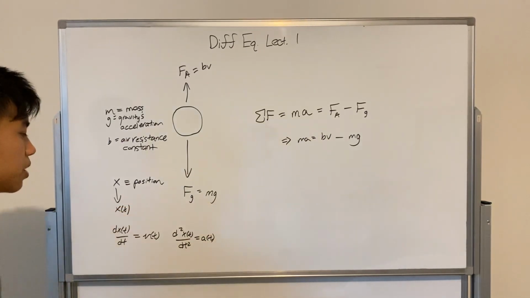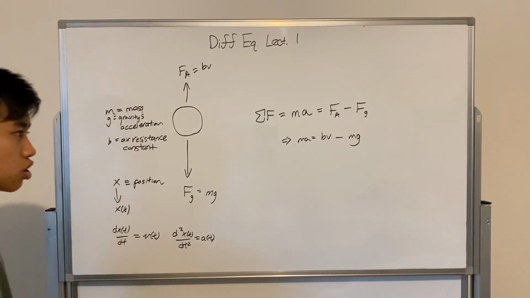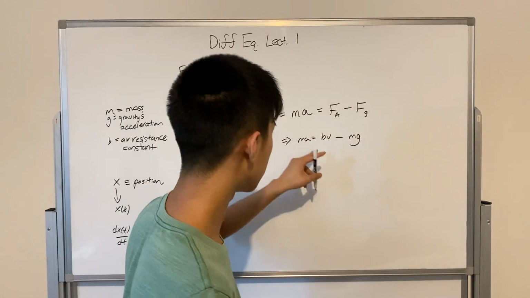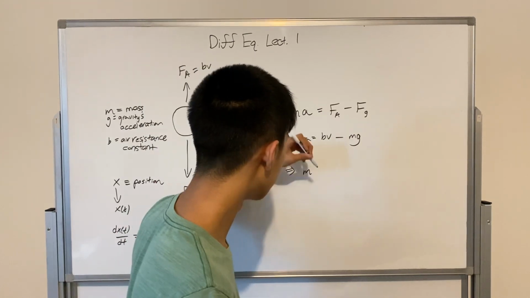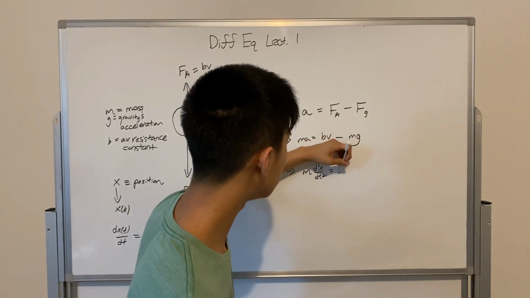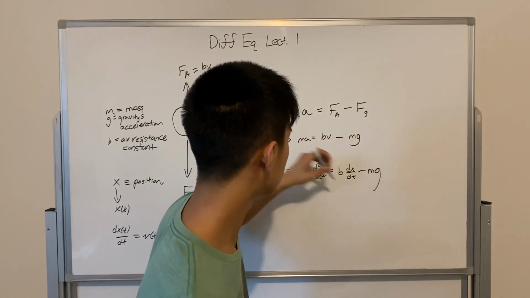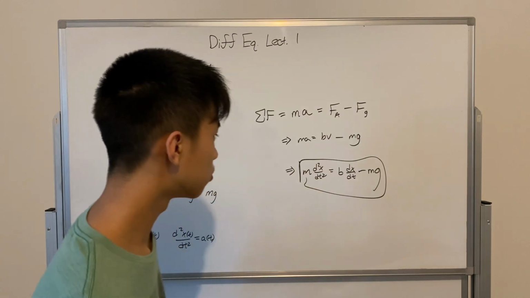That's just basic physics, which you guys probably already learned. So we can rewrite this as m times the second derivative of x with respect to t equals b dx dt minus mg.